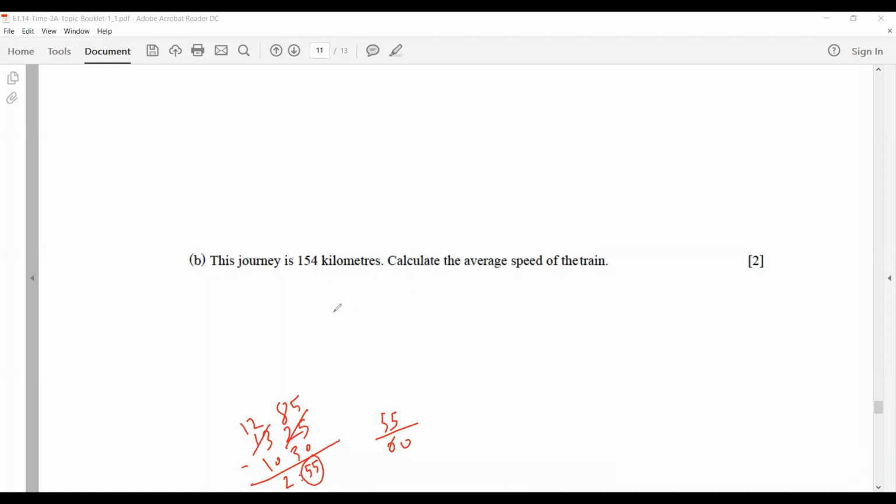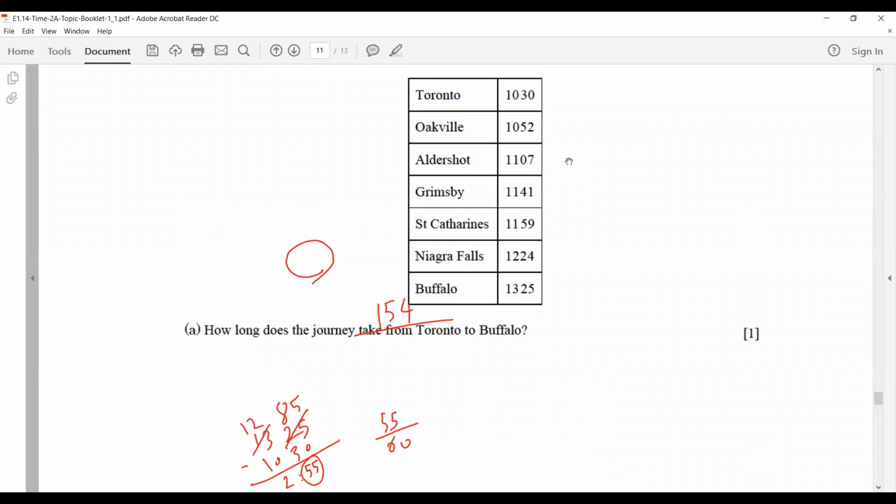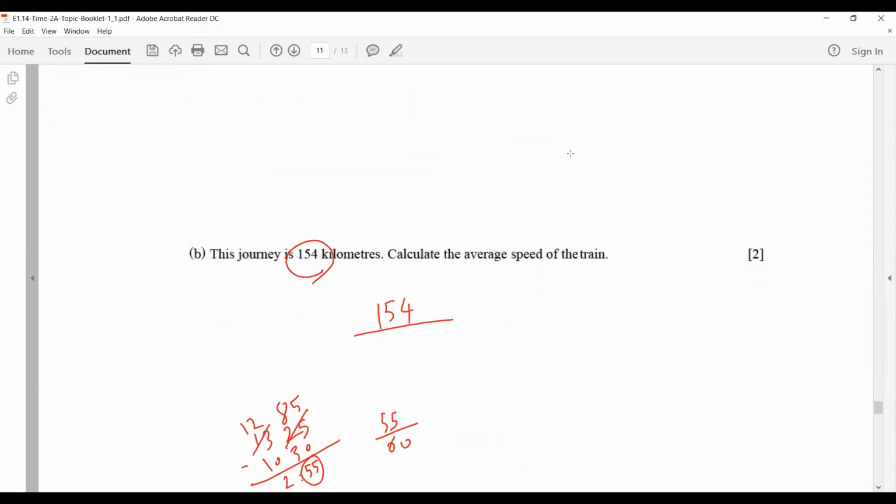And then speed is distance over time, 154 divided by, let me see the table one more time. Okay, yeah, that was correct. So divided by that, we get 53.1, that's the average in kilometer per hour, right? So 1 decimal place or 3 significant figures is sufficient.